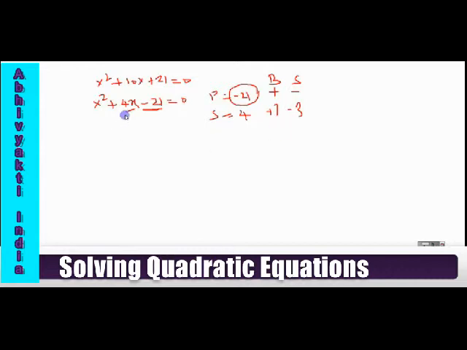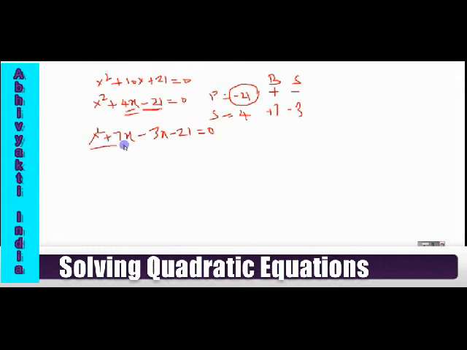So we can split this 4x as x square plus 7x minus 3x minus 21, that is equal to 0.